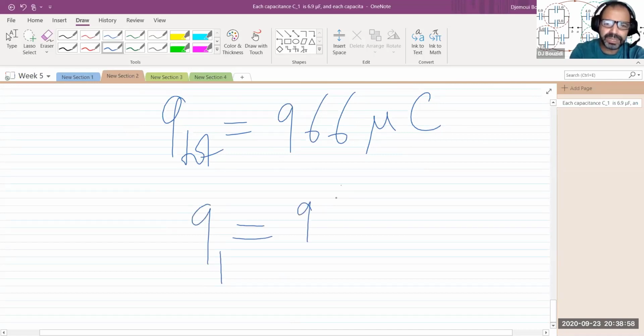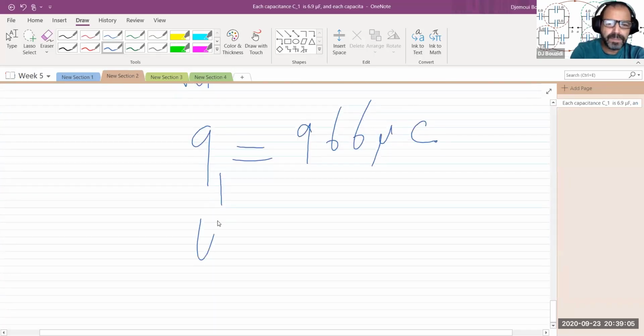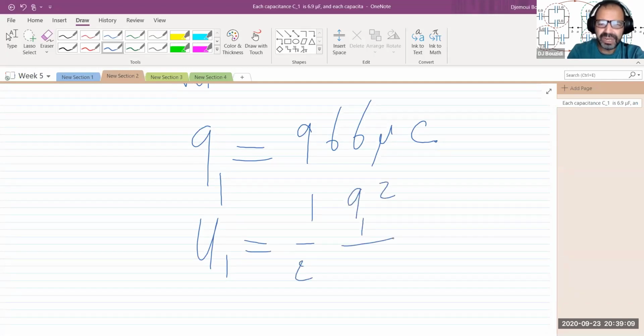is equal to 966 microcoulombs, which means U1 is equal to 1/2 Q1 squared divided by C1.